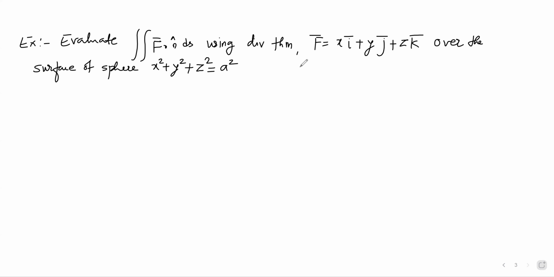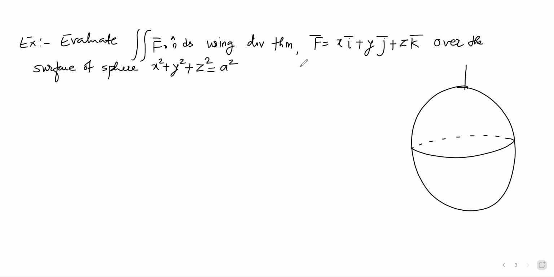Let us take a generalized one. So the equation of the sphere is x square plus y square plus z square equal to a square. Now you have to use the divergence theorem in this case.